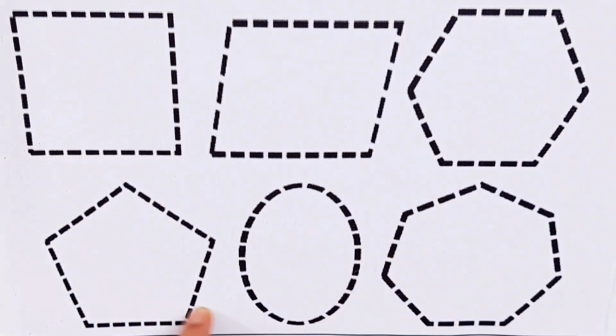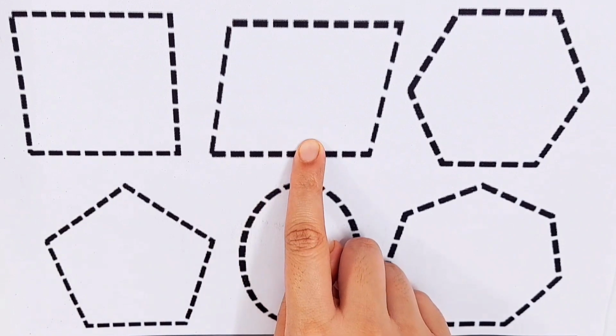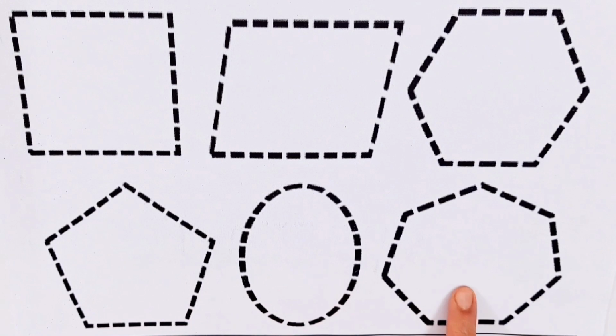Let's try to draw some 2D shapes. Square, parallelogram, hexagon, pentagon, oval, heptagon.